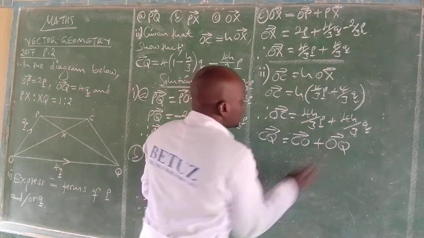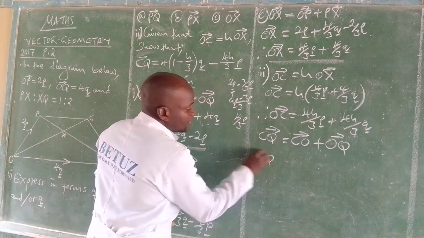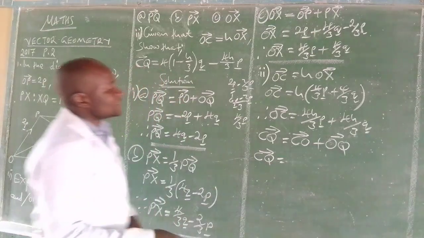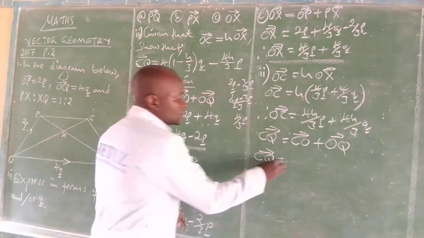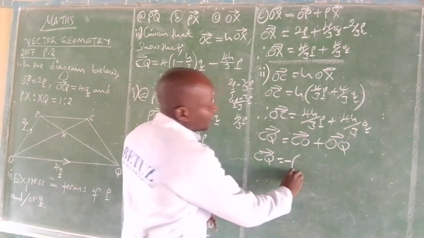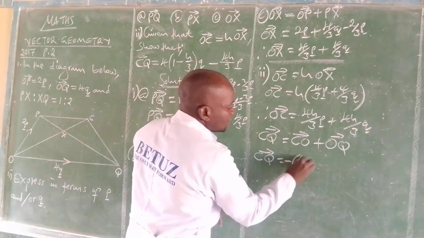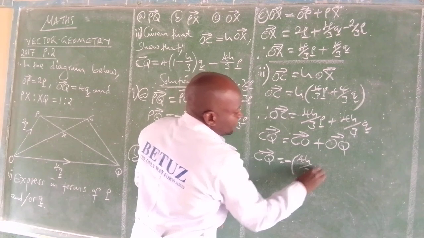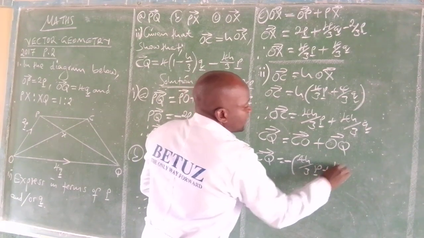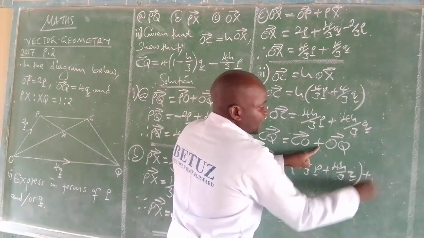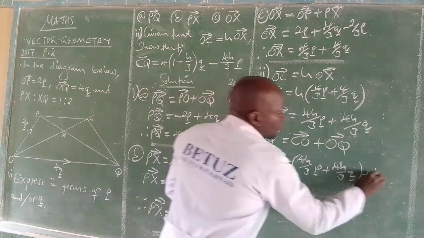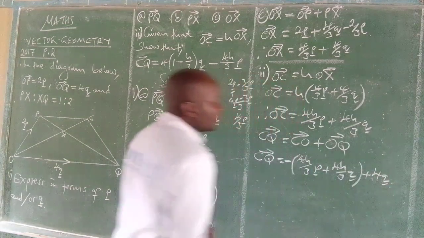Now vector CQ is equal to CO, which is the opposite of OC, meaning this would be the negative direction. Negative, open bracket, OC is 4h over 3P plus 4h over 3Q, close. Then plus OQ, which is 4Q.